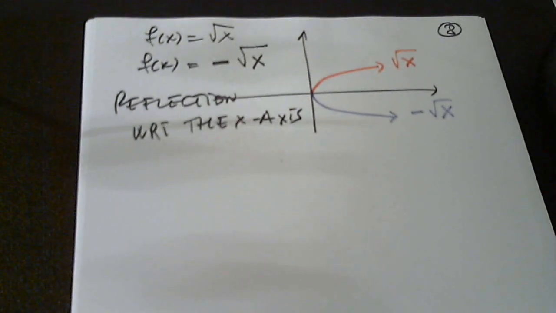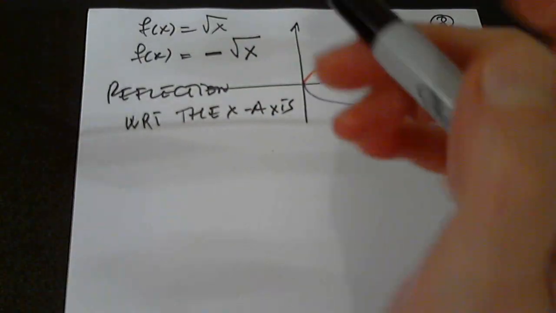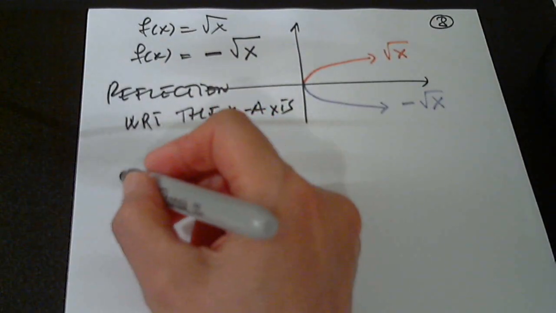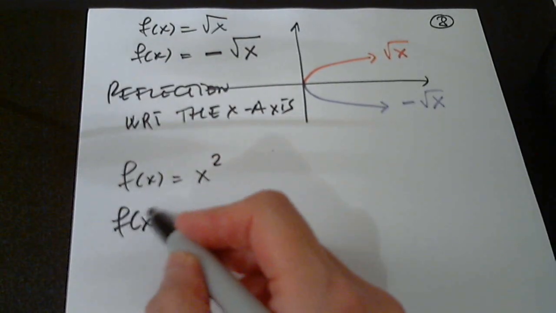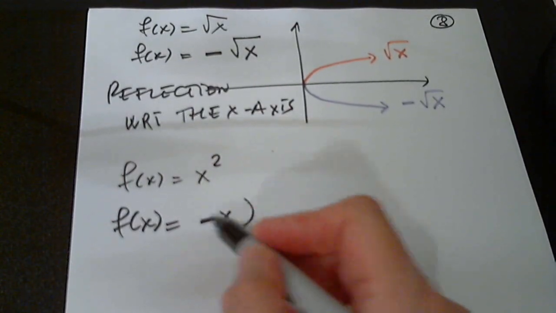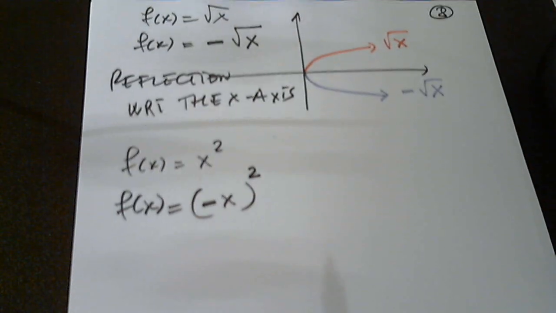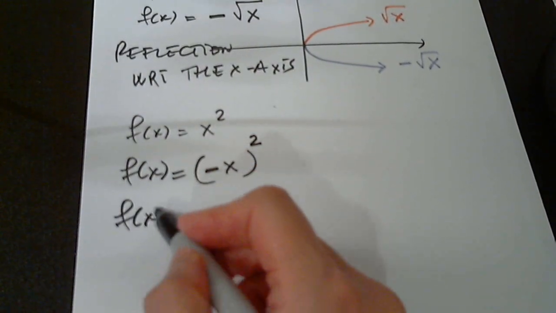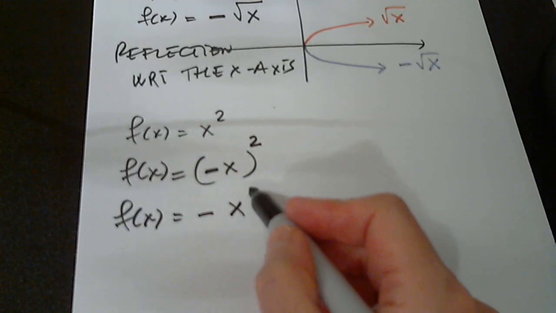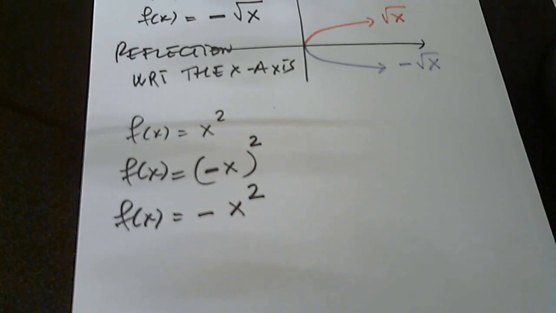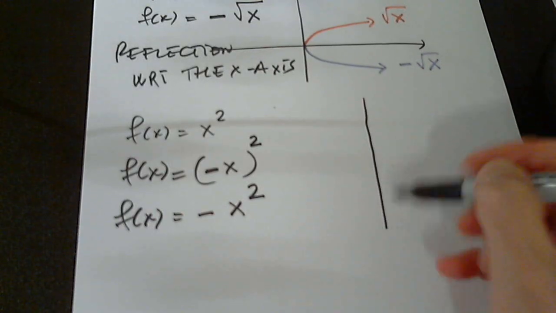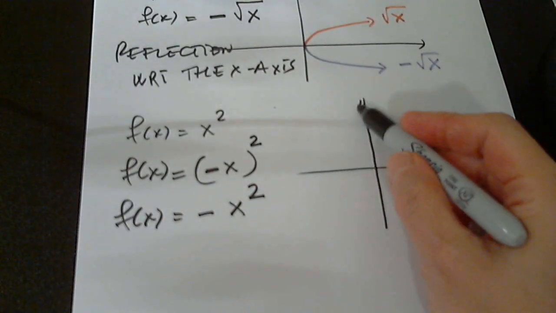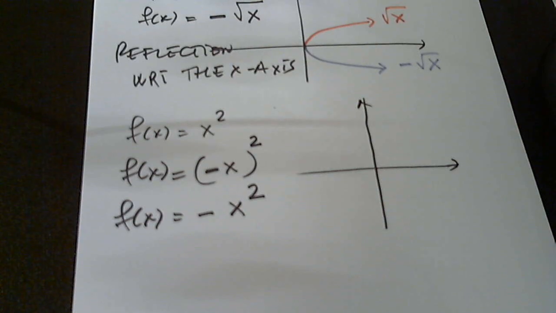Okay, I will illustrate with x squared. You'll see what happens with x squared. F of x equals negative x everything squared, and f of x equals negative x squared. So I will graph x squared. This is the graph of x squared.